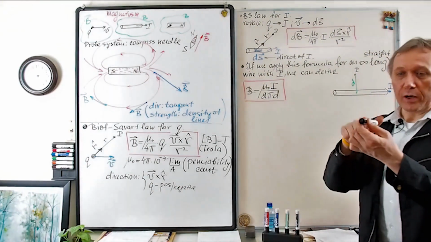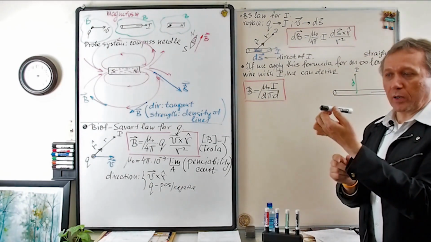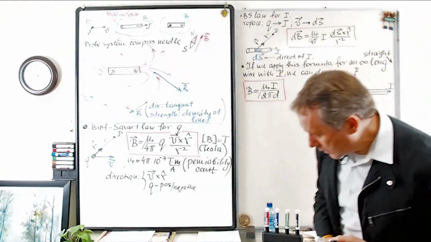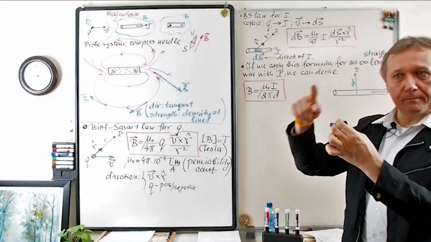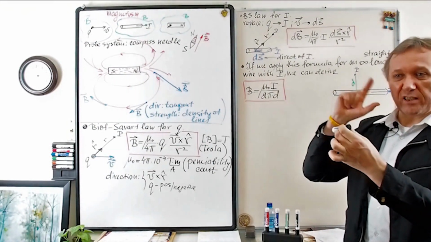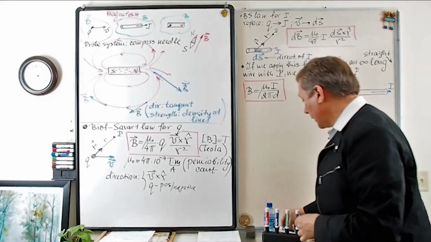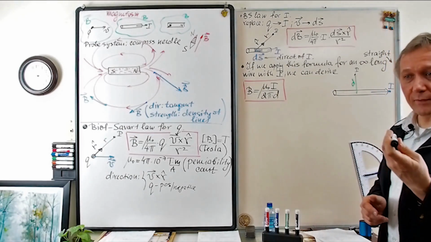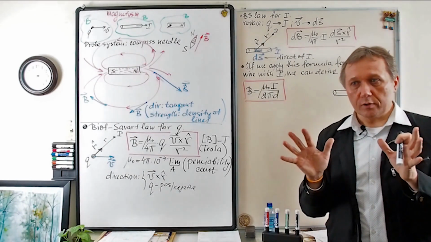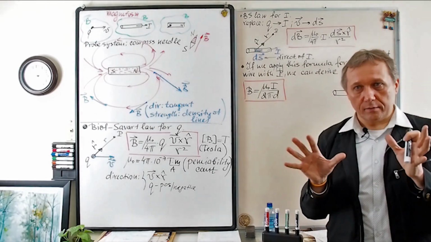So if you have wire, so let's assume that this is the wire, right? So magnetic field lines are circles, all right? Concentric circles, right? And direction, how can we find direction of those magnetic field lines? We will use right hand rule.